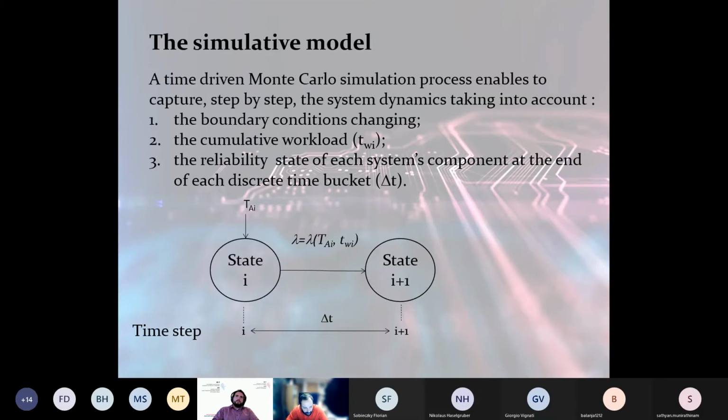Of course, the smaller the delta t, the higher the accuracy can be, but the time of computation can increase tremendously. So it's very important to find a time step which is compatible with the process that you are trying to model, but also with the computation time that you can accept.